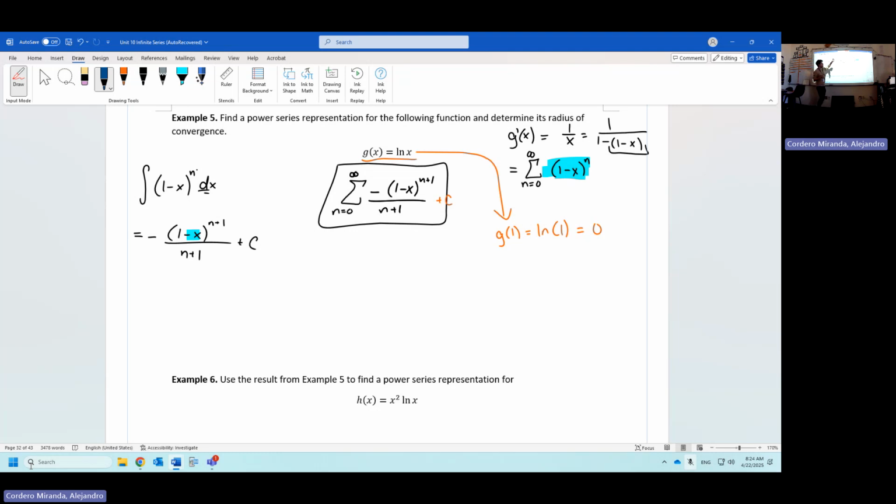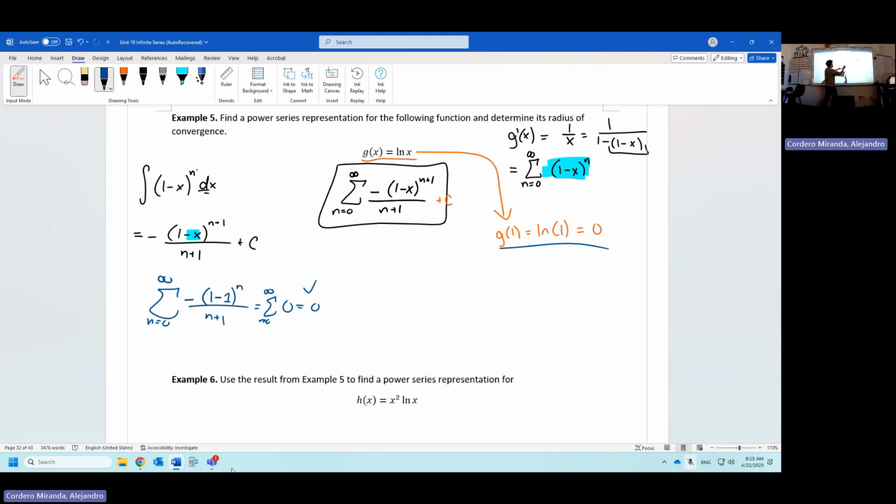But what I'm saying is if I did plug in 1 into the series that I'm claiming represents this function, I do get the 0 that I need. The sum from 0 to infinity of negative 1 minus the 1 that I'm trying to match over here would just be the sum 0 plus 0 plus 0 plus 0, which would just equal 0, which is what I wanted.